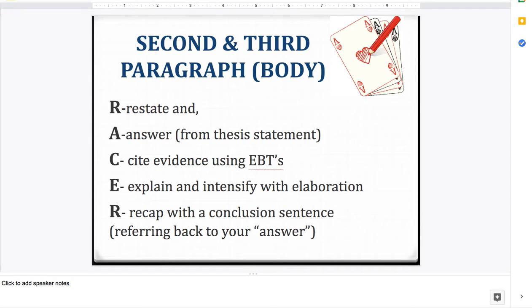And then, of course, after your evidence, you want to explain with a lot of elaboration. You want to include examples. You want to include your own voice when you're explaining. Mention, if you're talking about bullying and how it affected him, well, how did it affect him, right? Give me more details. Give me more of an explanation of what you think, how it's going to affect him.